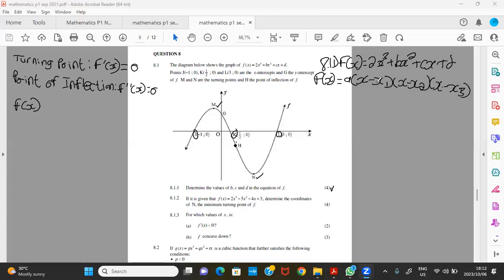The x1, x2, and x3 basically represent the values of my x-intercepts.